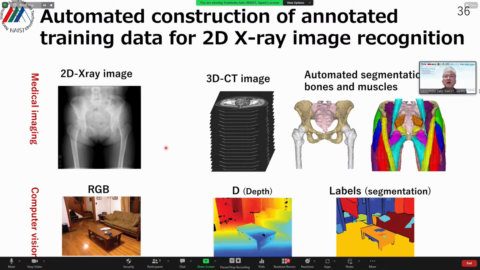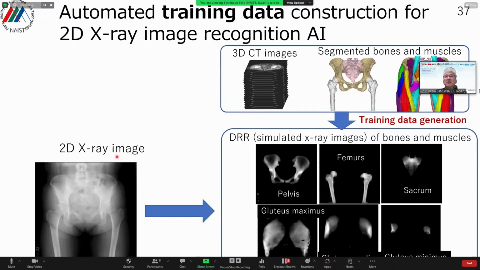So we can train deep learning to infer this kind of three-dimensional information from 2D X-ray images. Actually, we generate the training data set from CT images and segmented bone and muscle regions.